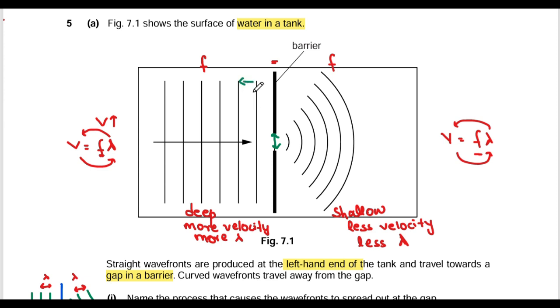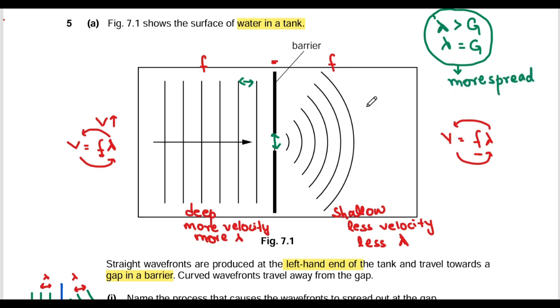For example, if the wavelength of the wave is greater than the gap of the barrier, or comparable with the gap of the barrier, then the waves would spread very much. You can see it in the picture as well. The circular patterns are very much circular, so that means there is good spreading.